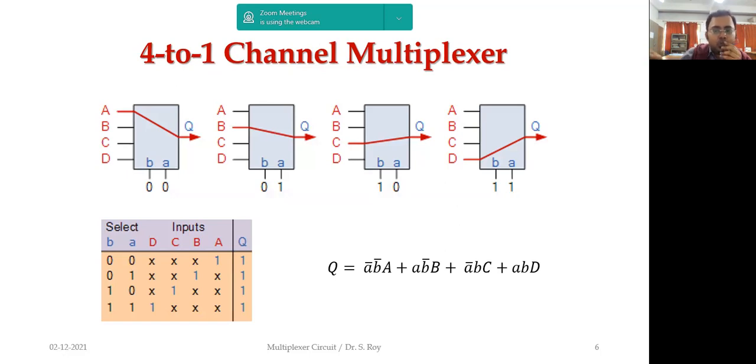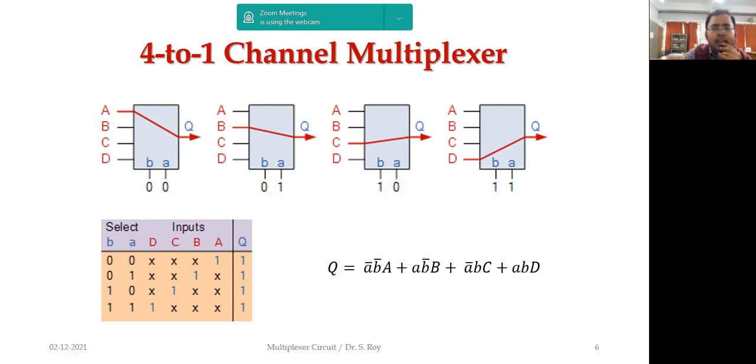Because n is equal to 2, 2 to the power n, 2 squared, is equal to 4. So a 4 to 1 line multiplexer has only 2 select lines. In this diagram, I've connected 4 inputs, that is capital A, B, C, and D. I have 2 select lines, small a and small b, and only one output, that is Q.